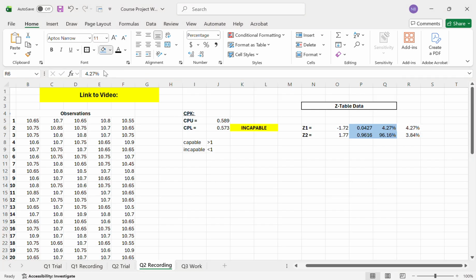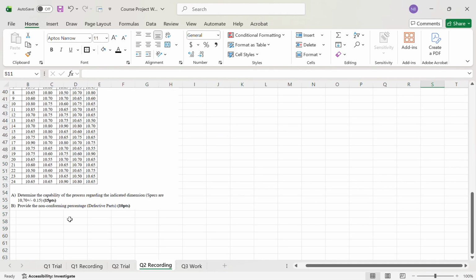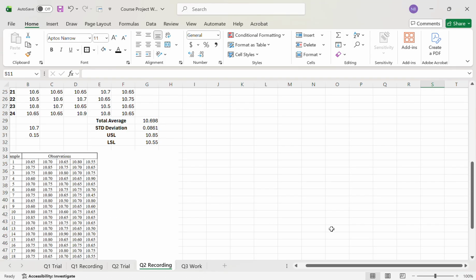Now this is the 2 percentages that lie outside of your specification limits, which means the non-conforming items would fall into these categories. So it asks us to provide the non-conforming percentage. What is a percent of defective parts?